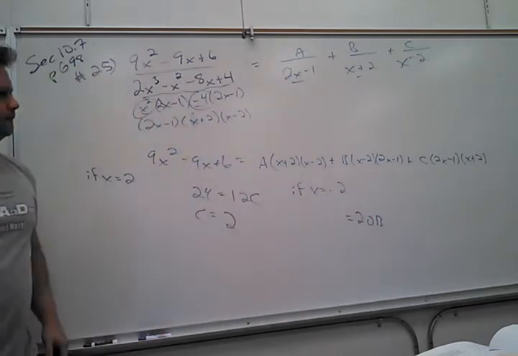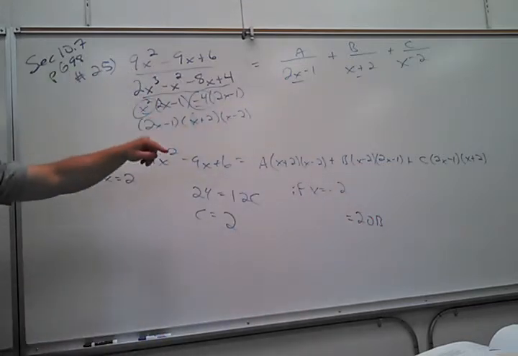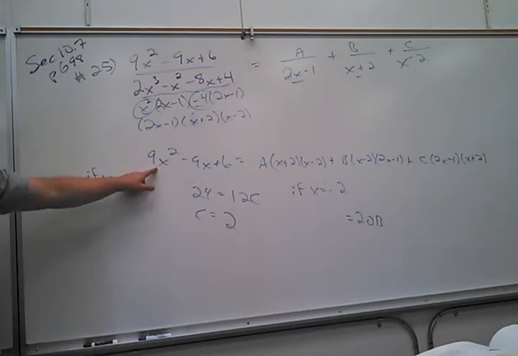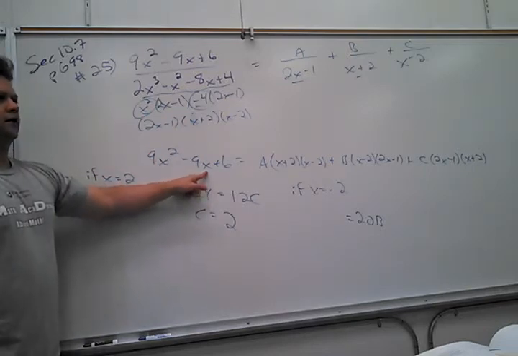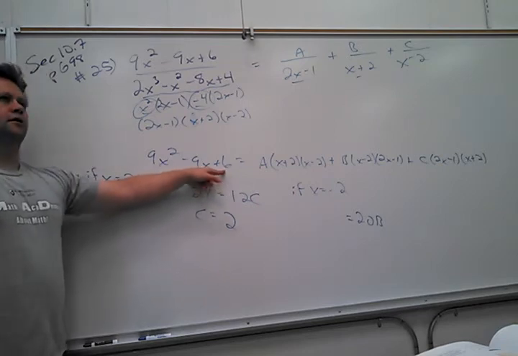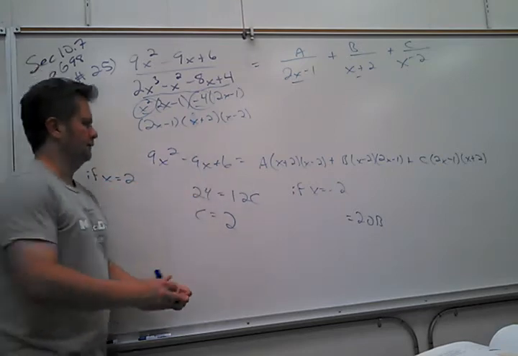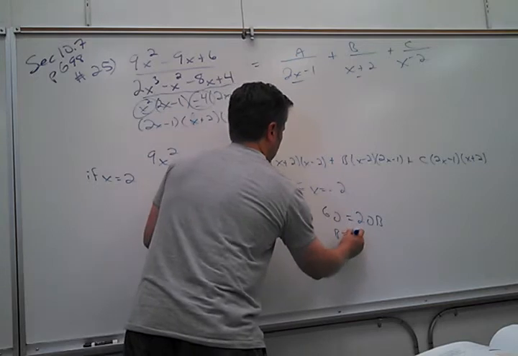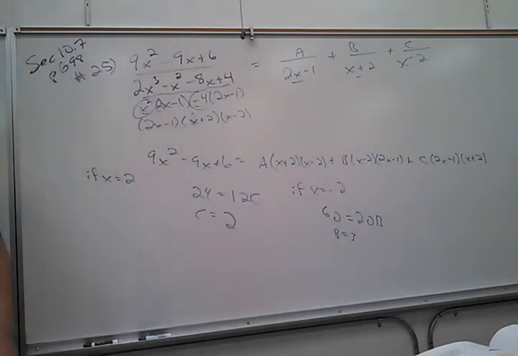Check me out. Yeah, -4, -5, so that's 20B. On this side, if you plug -2 in, you get 36 plus 18 plus 6, 60. So B would be 3, and then A would be 1.